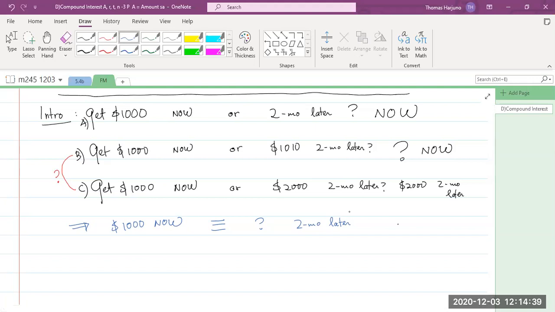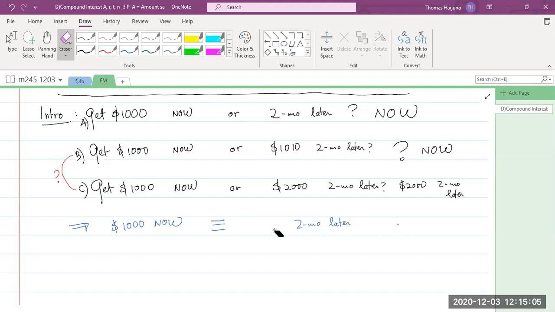Can you tell me a number that this $1,000 right now is equivalent to 2 months later? Again, it depends on different people, and what kind of job or business you have. If you are a student, actually, $1,000 right now and anything more than $1,000 2 months later is better later, as long as you give me more.